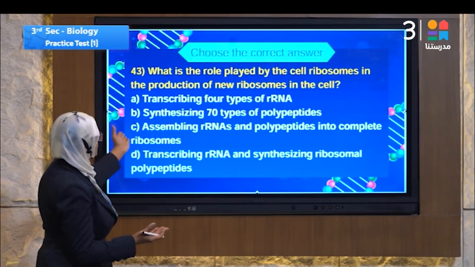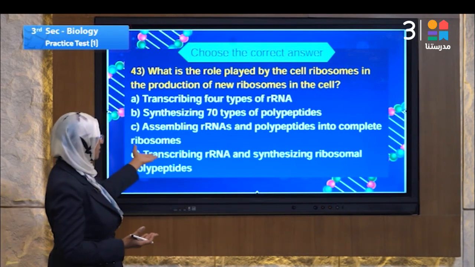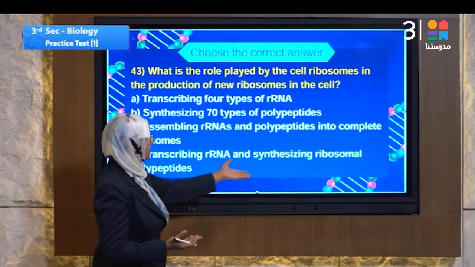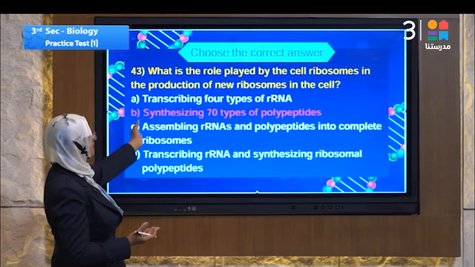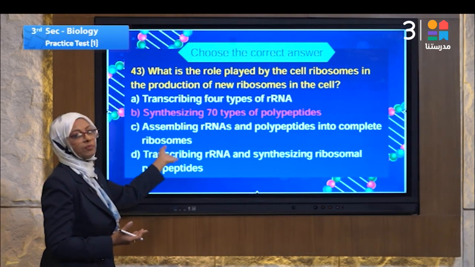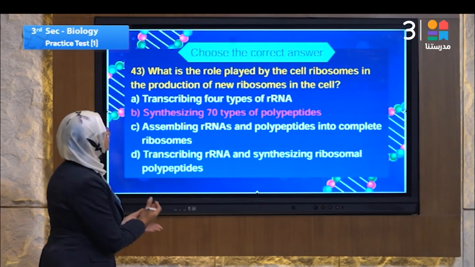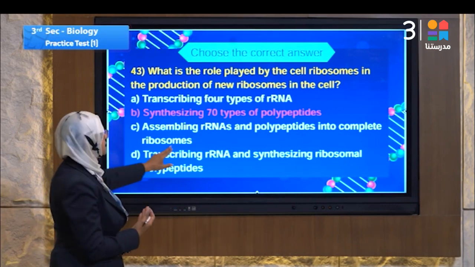C, assembling ribosomal RNA and polypeptide into complete ribosomes. D, transcribing RNA synthesized ribosomal polypeptide. Let's go. The answer must be synthesis of 70 types of polypeptides. It's the first step to make new ribosomes.